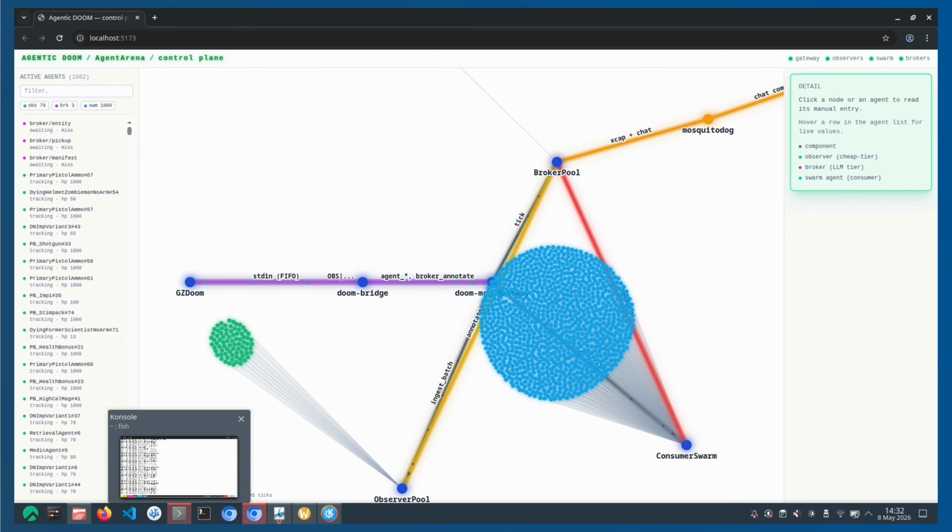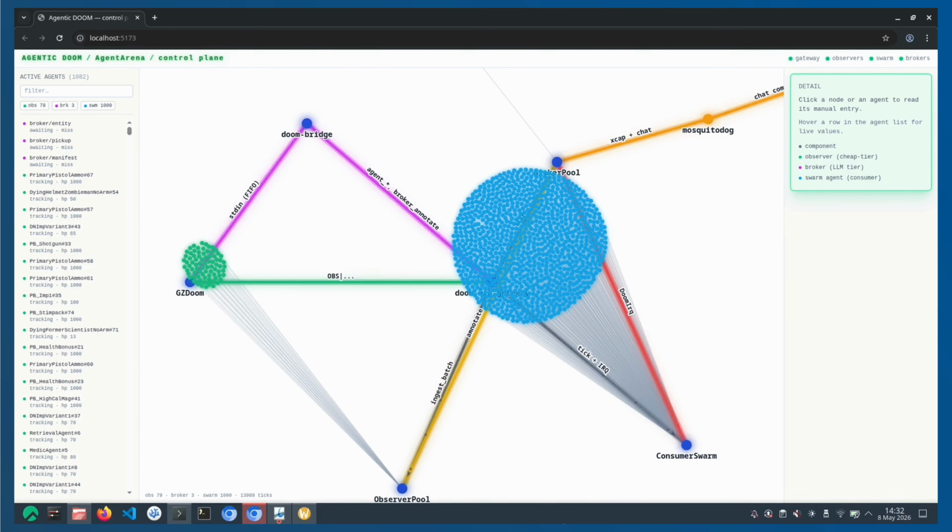This is not the actual DOOM, I patched this DOOM because the original DOOM has no ability to communicate so much with the outside world. So it's patched DOOM, and this entire broker pool and everything, and the agentic engine can run on cloud separately. So imagine you have DOOM running on your local machine and communicating to the cloud where this entire brain is running. So it's actually a completely doable application.